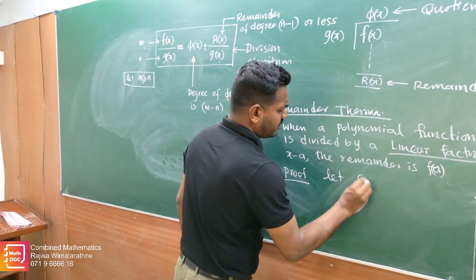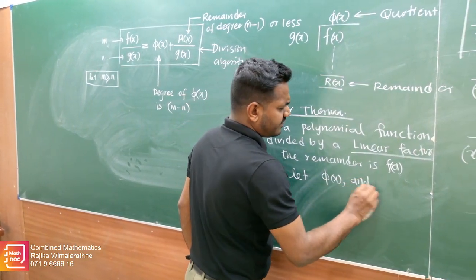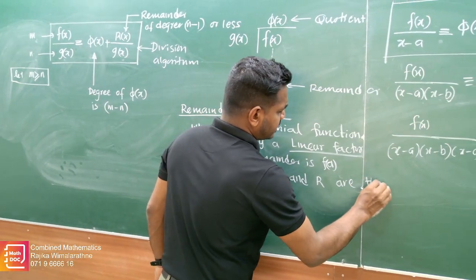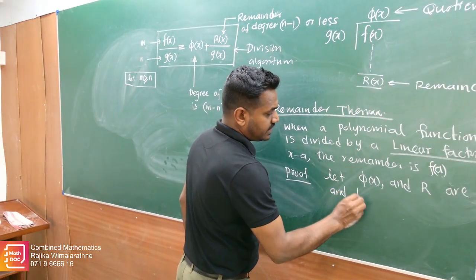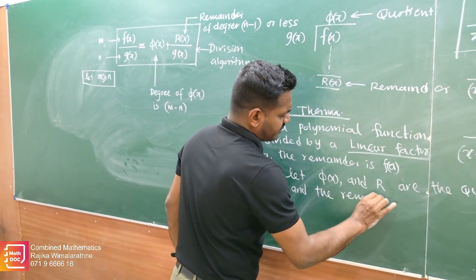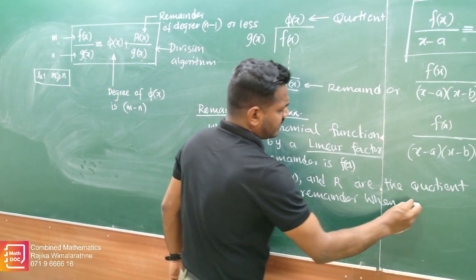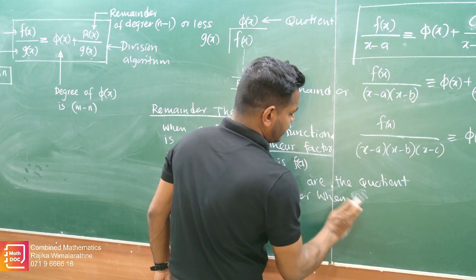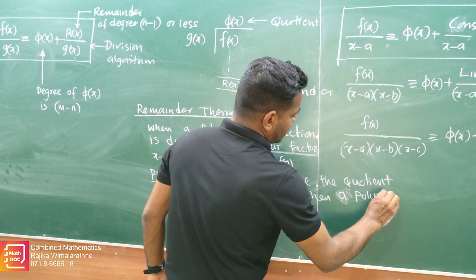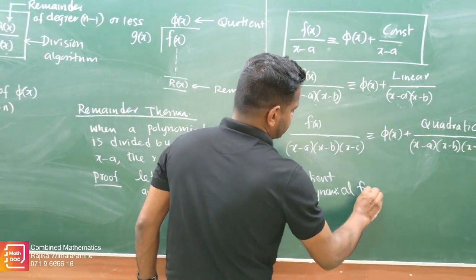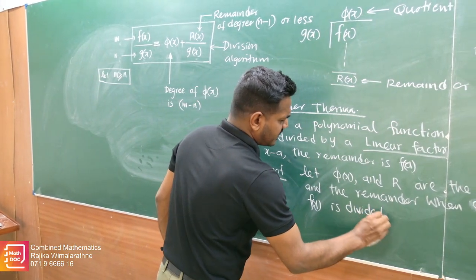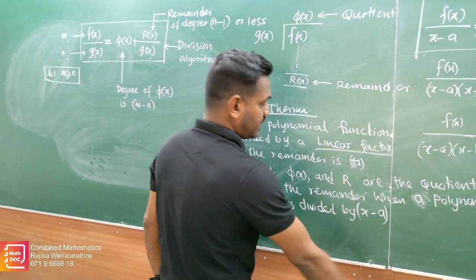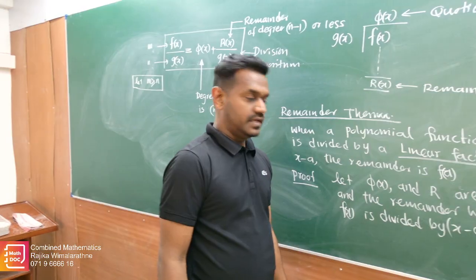Let φ(x) and r be the quotient and the remainder when a polynomial function f(x) is divided by x minus a.